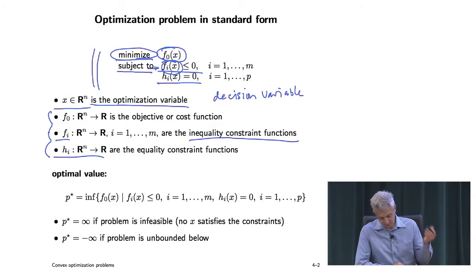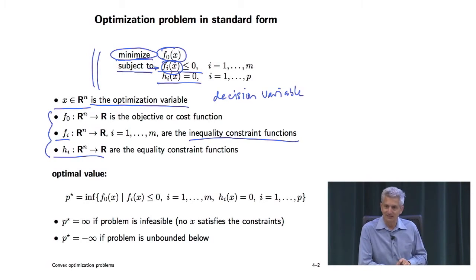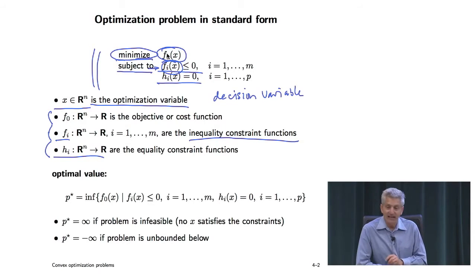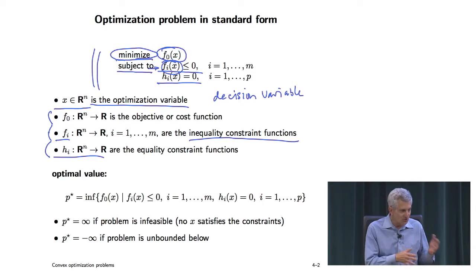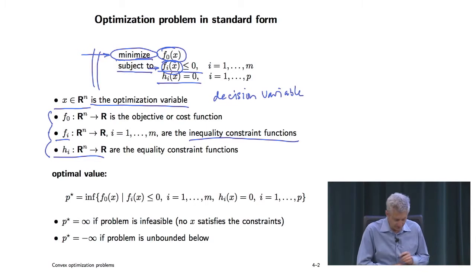So you can joke about what that means about the people in those fields, and what their psychological makeup is or something. It's not a big deal because if you wanted to maximize a utility, we could minimize negative utility. And it's useful to have a standard. Our standard will be minimize because we'll have a lot of equations that later involve constructs that involve a minimization, and you have to turn them around in your head when you're maximizing, and then you get a headache. So it's easier just to have a fixed, clear version of it.